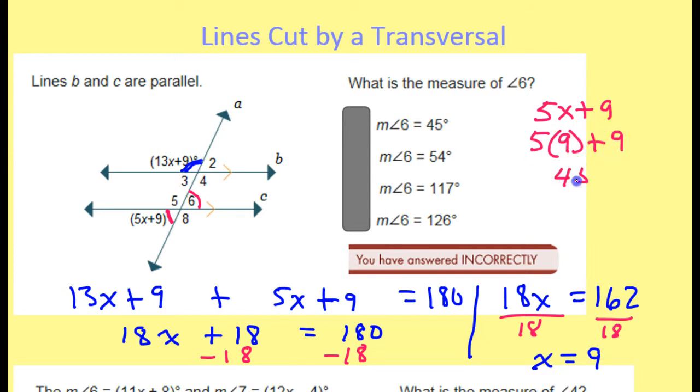So that's 45 plus 9. So that's 54. Okay, so that's the measure of the 5x plus 9. But all of the acute angles should be 54 degrees. So this should be the answer right here. And there you go.